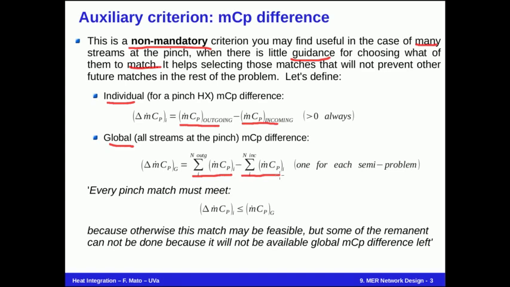And there is one for each semi-problem. The rule says that every pinch match that you propose must have a smaller or equal individual MCP difference than the global MCP difference. Because if not, some of the remnant matches will not have enough available global MCP difference left.